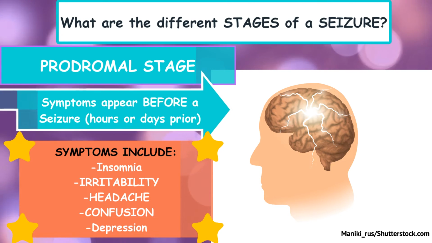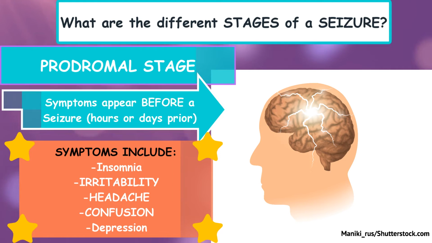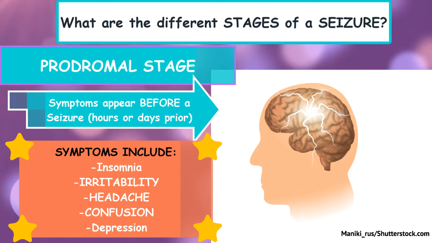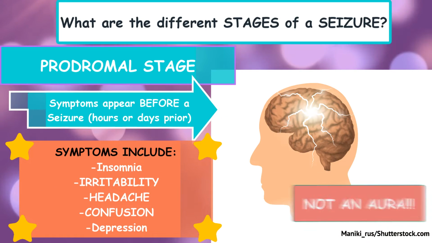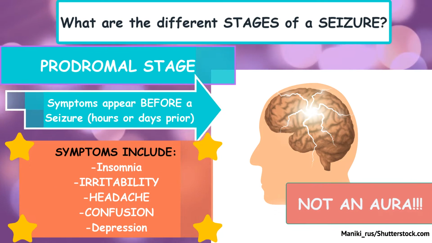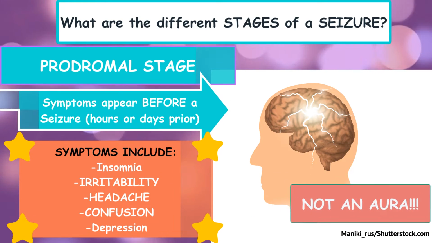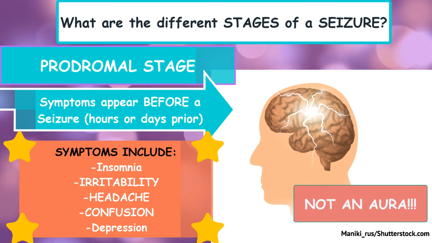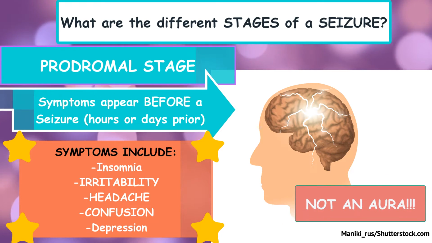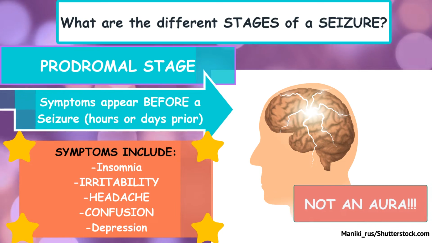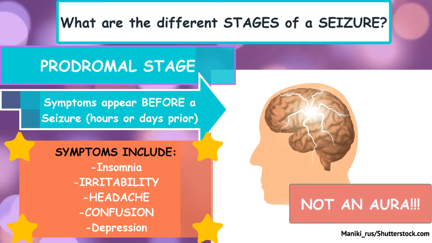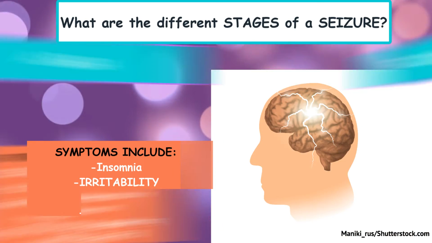The prodromal period may serve as a warning sign of a seizure onset for those who experience it, but unlike an aura that is part of a seizure, this phase is not part of the seizure because it happens before the seizure occurs. And an aura is actually the earliest sign of seizure activity.